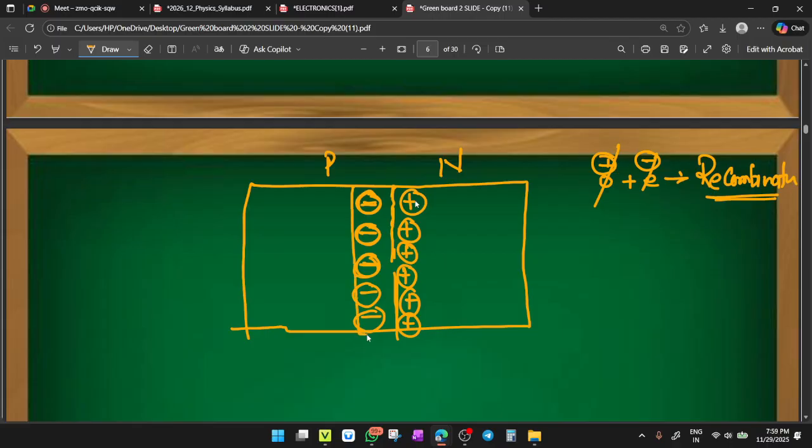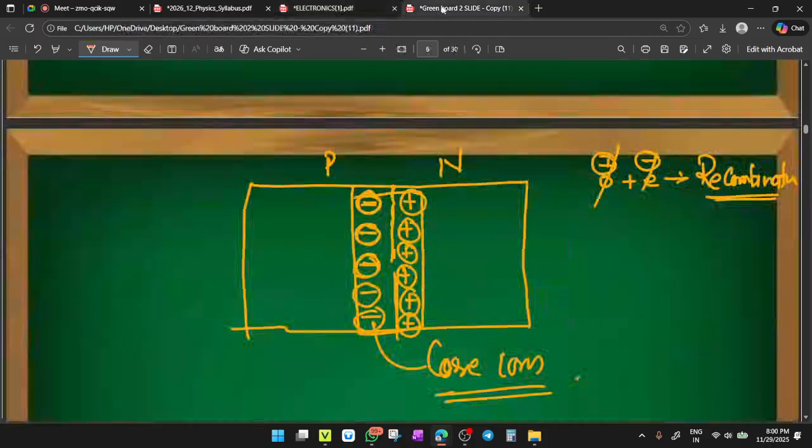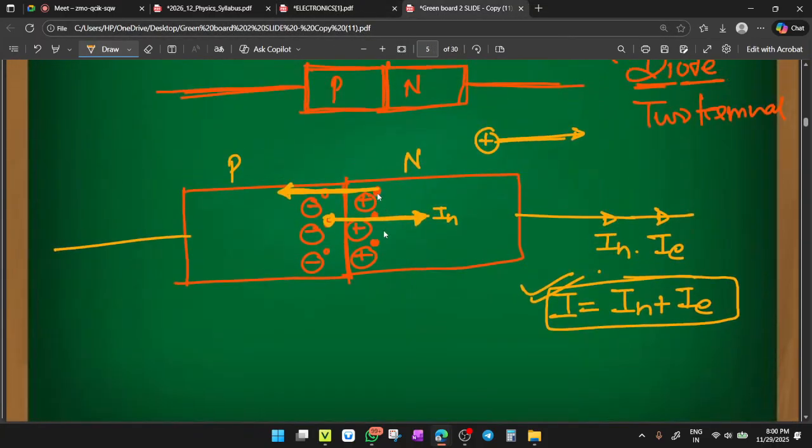These are core ions. Clear, beta? So see here, after recombination, negative immobile charges are here, and positive immobile charges there. These free electrons and free holes are said to be mobile charges. They are allowed to move.